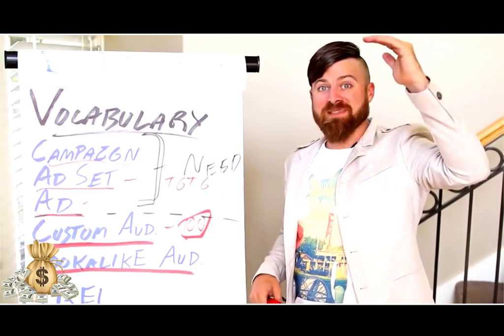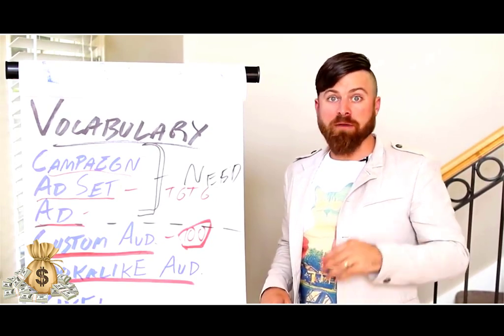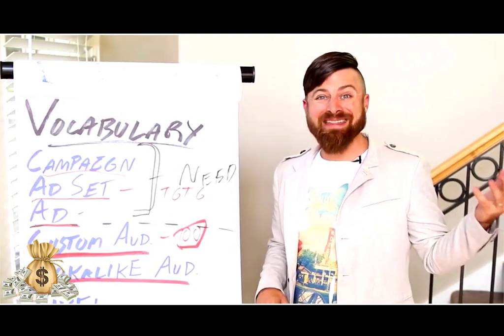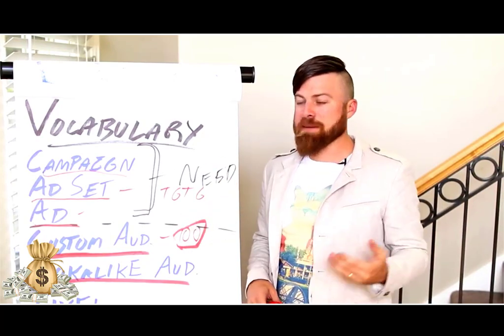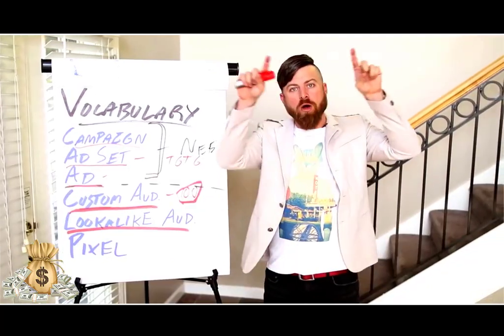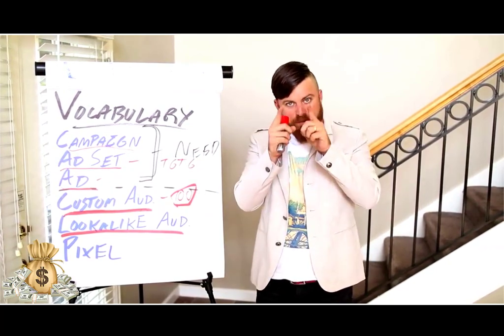Are they in the top 10% of earning? Are they in the bottom 10% of earners? Are they of a certain ethnicity? Are they white, black, Asian, Hispanic? Do they identify as Republican or Democrat? Facebook will look at all of the different demographics and information about that person or those people, and they will magically create an audience of people that will be interested in buying whatever product you're selling.